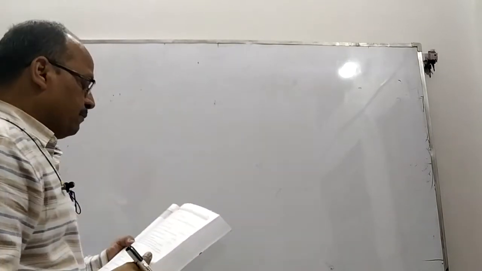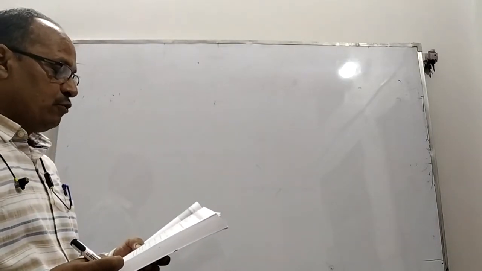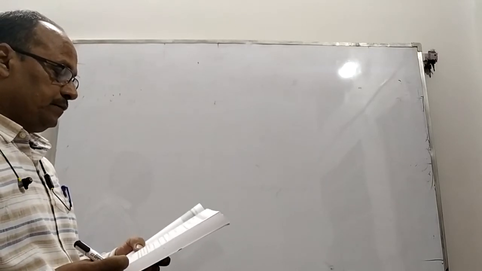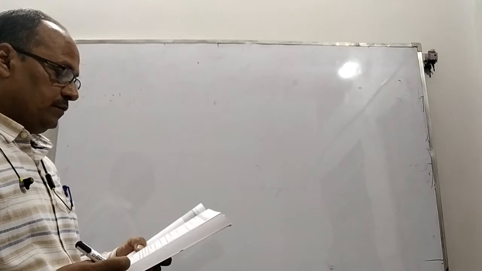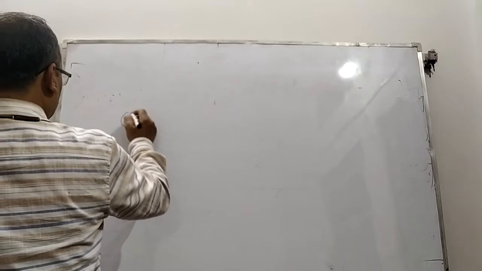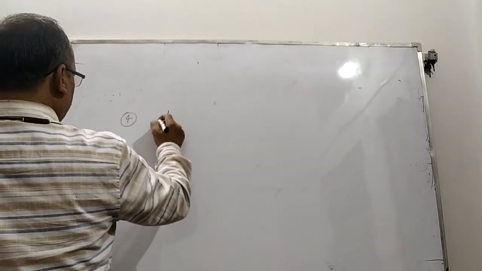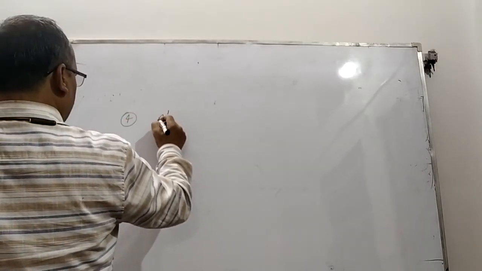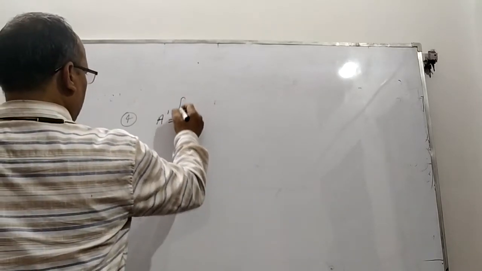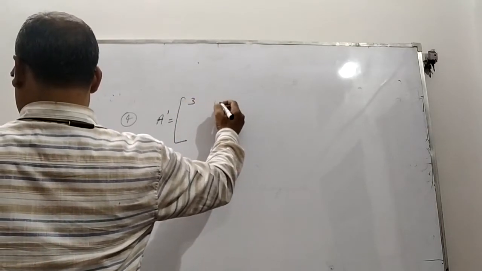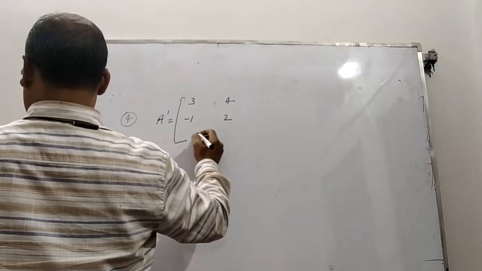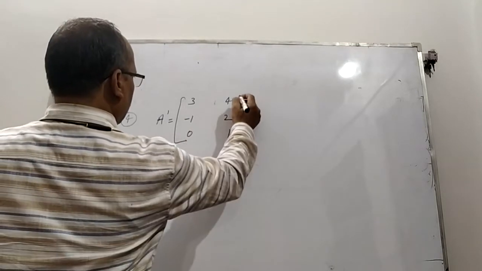Here first is given, second is given, I suppose you can do. It is very simple. Third, fourth I am doing here. Transpose of A, power T you can write or dash you can show. A is 3, 4, minus 1, 2, 0, 1.